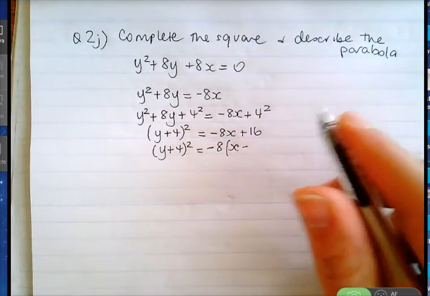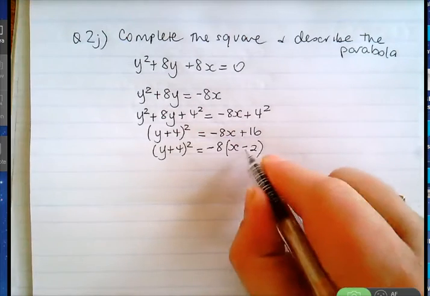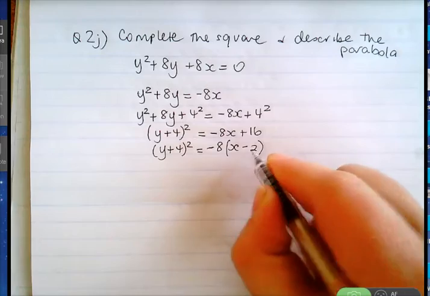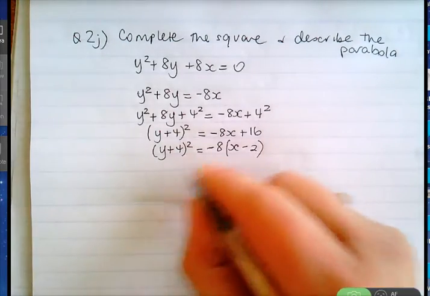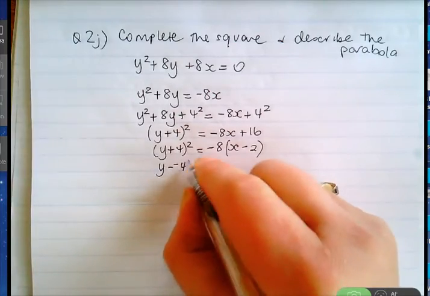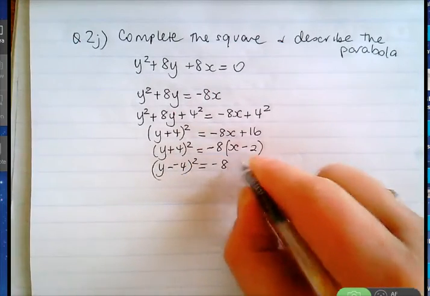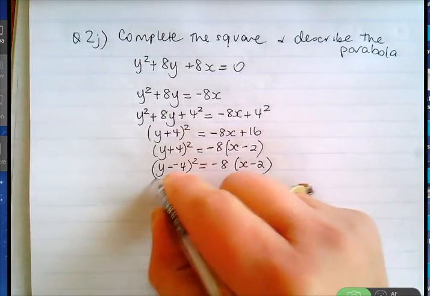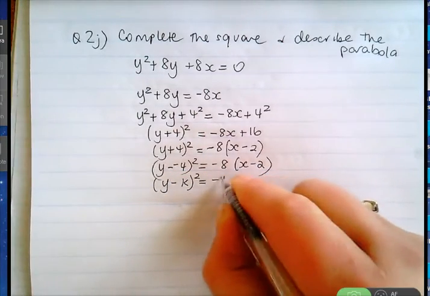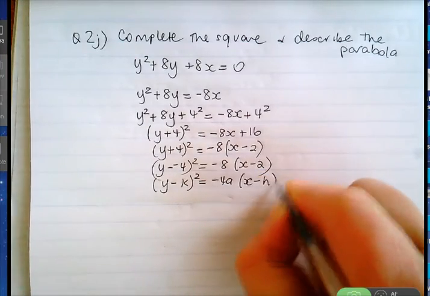Keep going with this. Be careful when you factorise it that you put a negative there because it's negative 8x plus 16. So we've got the type there. You can compare it with the general form: (y minus k) squared equals negative 4a(x minus h).